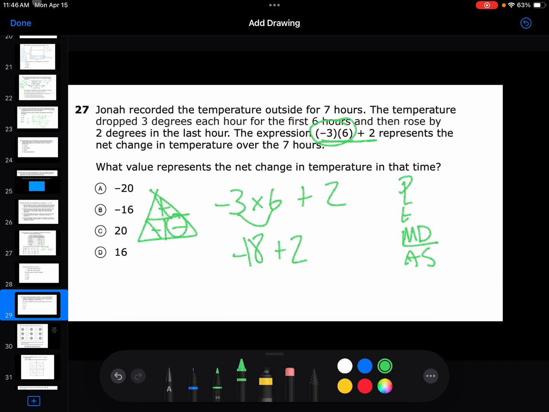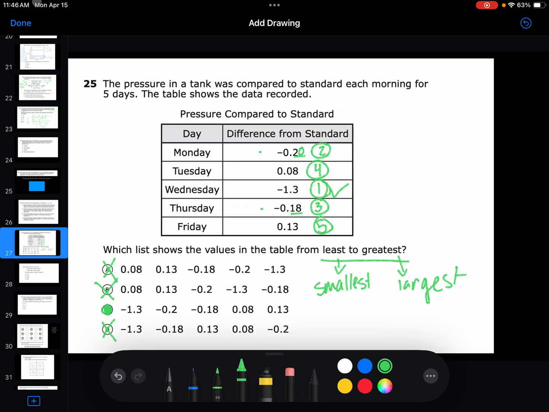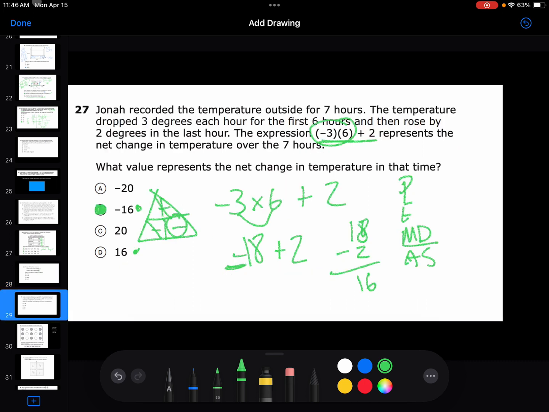I know that if I'm adding numbers with different signs, I'm going to subtract and keep the sign of the larger. So I'm going to do 18 minus 2, and I got 16. And I see I have two 16s right here, B and D, but I want to use the sign of the larger number, which is 18, so it's going to be a negative 16. That was C, but we had 2 B's this time.